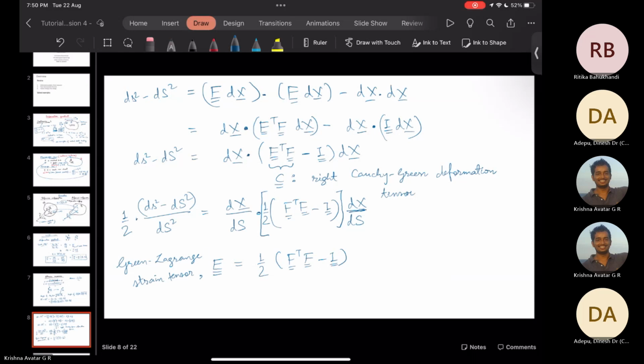So this is also another fundamental relation. It's also written as half of C minus I. Fine. And you see that it has certain properties.